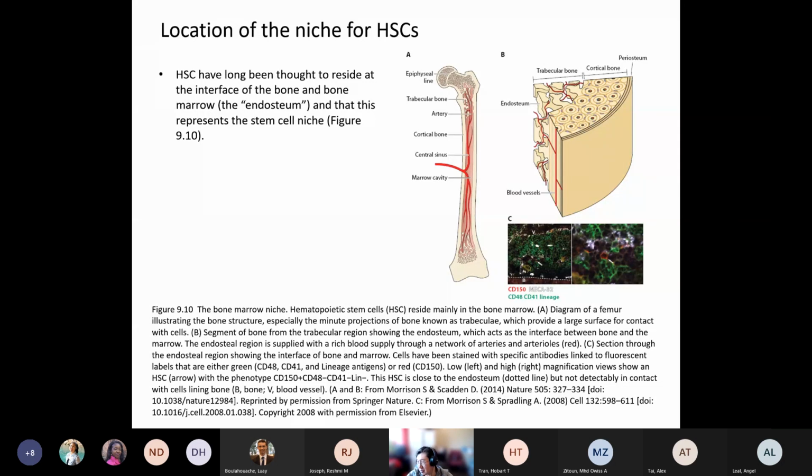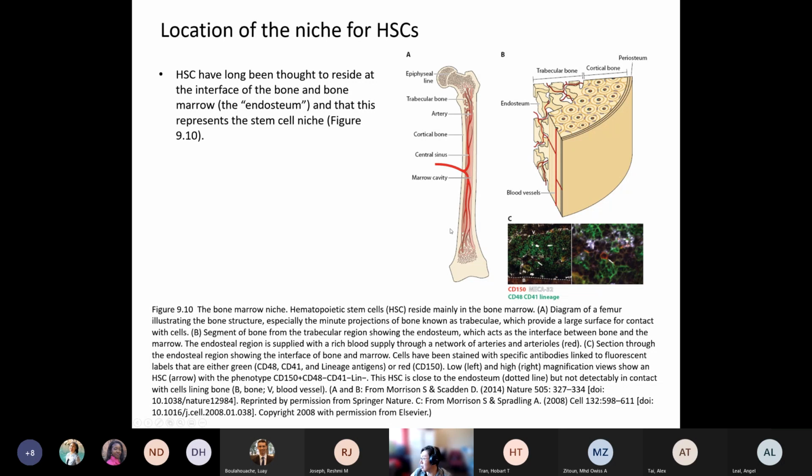They don't proliferate, but they can keep their identity, and when the condition calls for it, they can self-renew and exit from the niche and start to differentiate. So this is the local environment there. For bone marrow, people consider that the endosteum is the stem cell niche.